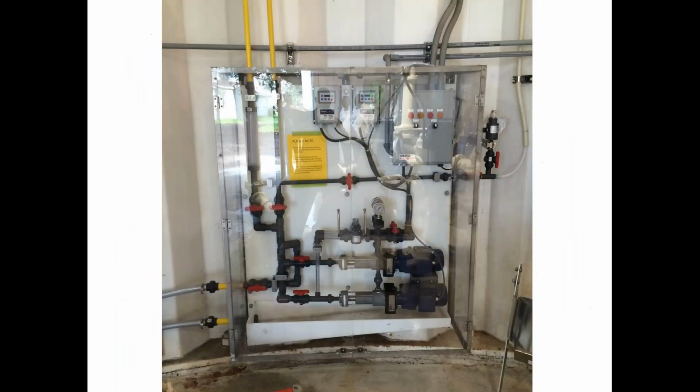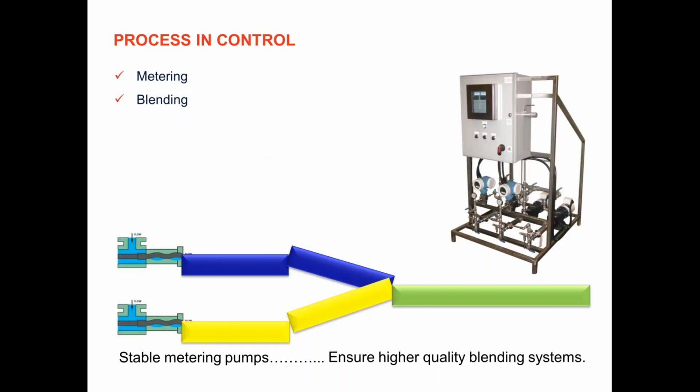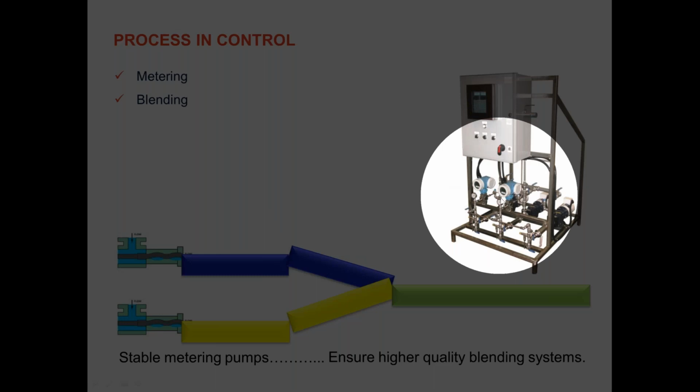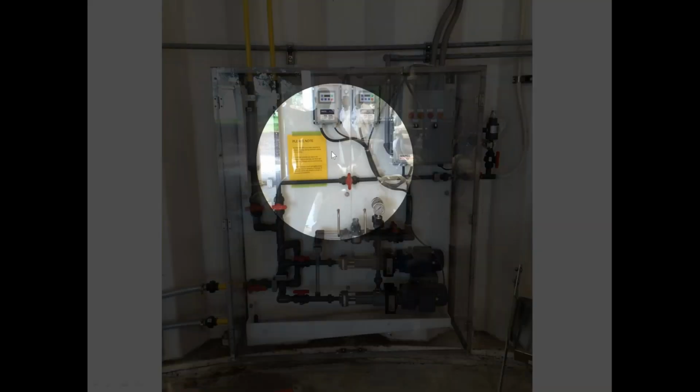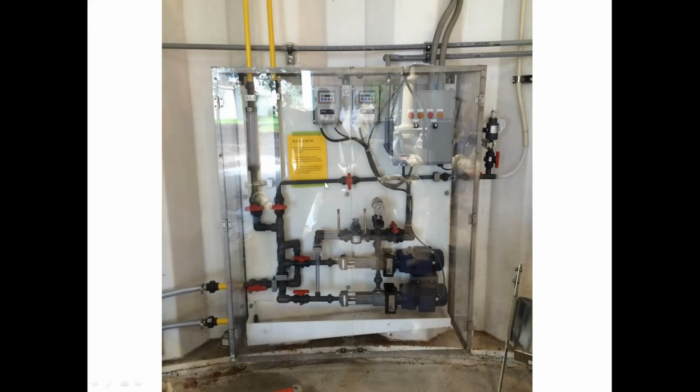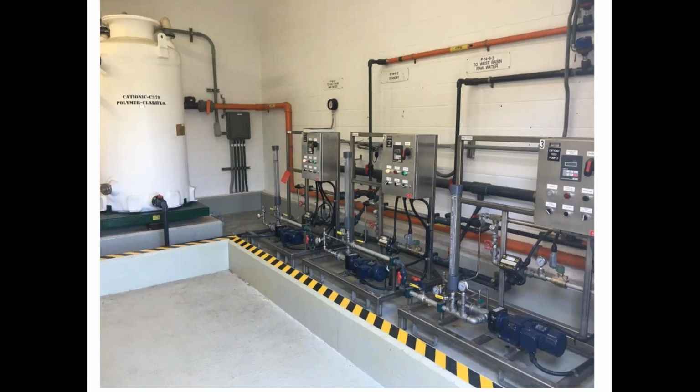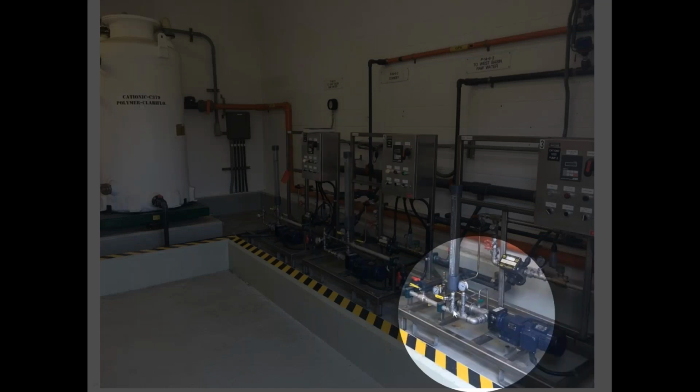Here is another example of one. Drastic difference between a sanitary food and beverage skid versus something for the water treatment market. This is an example of a polymer system with 3 progressive cavity pumps mounted on the bottom here, close to the floor.